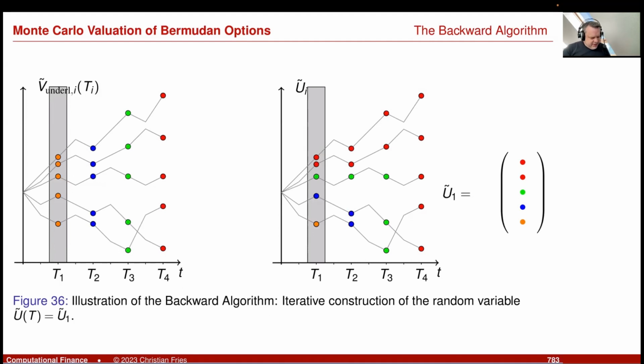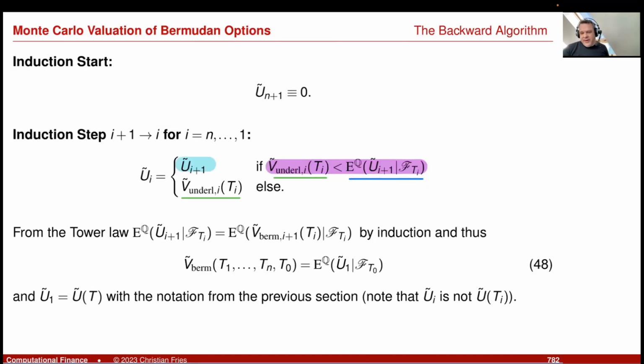So in the end, you have a vector that contains all the values of the underlyings that you take at the optimal exercise time. And the nice result is that the unconditional expectation of this random variable that we get in the end, so the U tilde_1, is the value of the Bermudan.